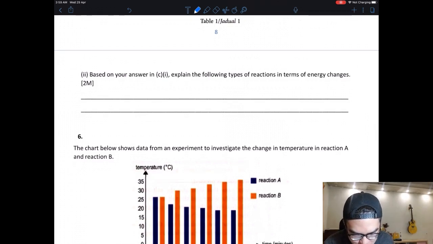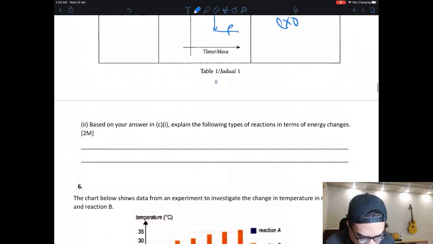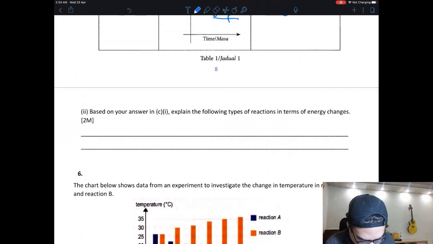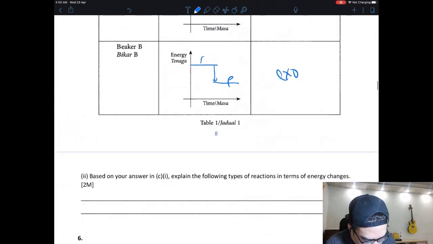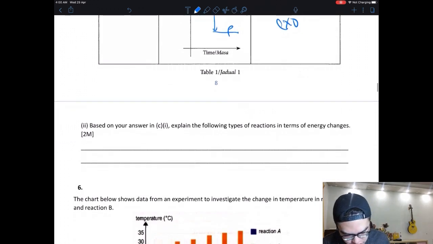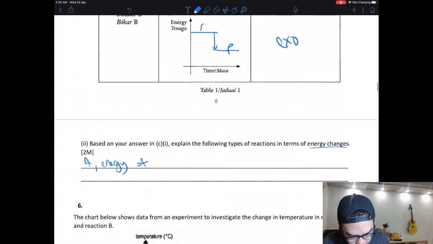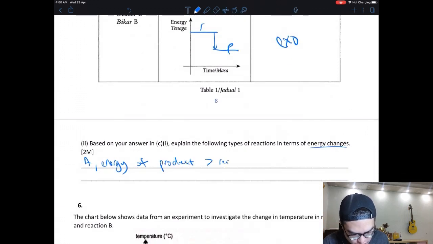Okay, so based on C1, explain the following types of reaction in terms of energy change. Okay, for A, they want energy change. Energy of product is higher than reactant. Okay, so B is the other way.